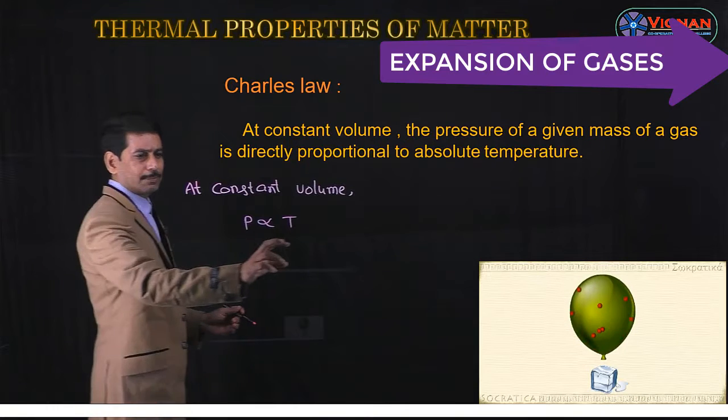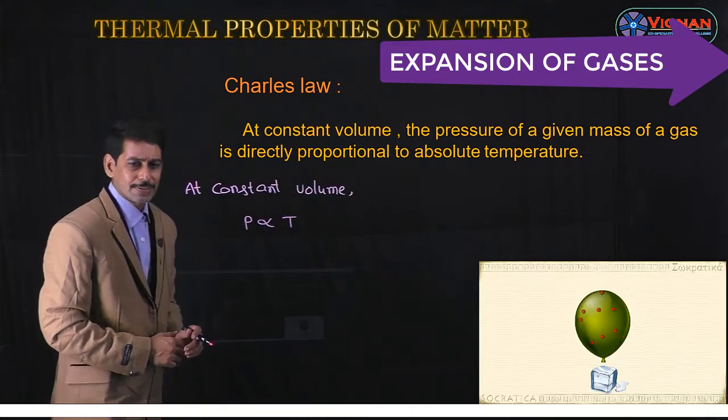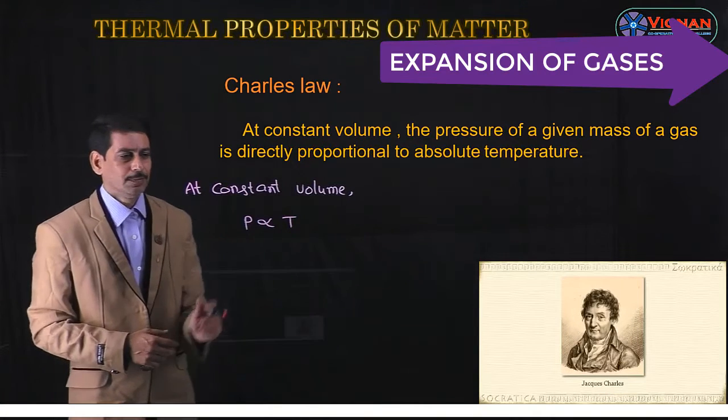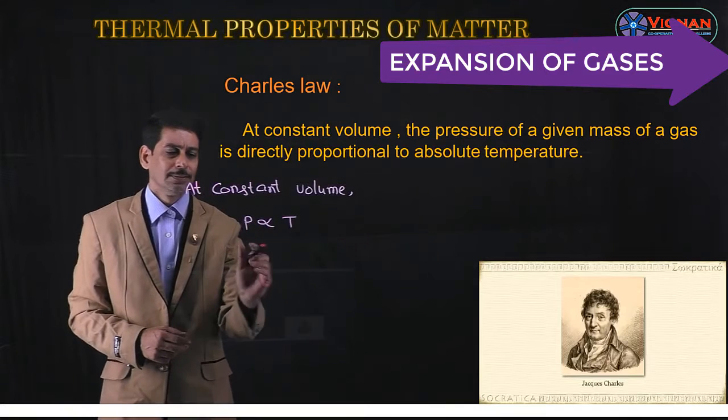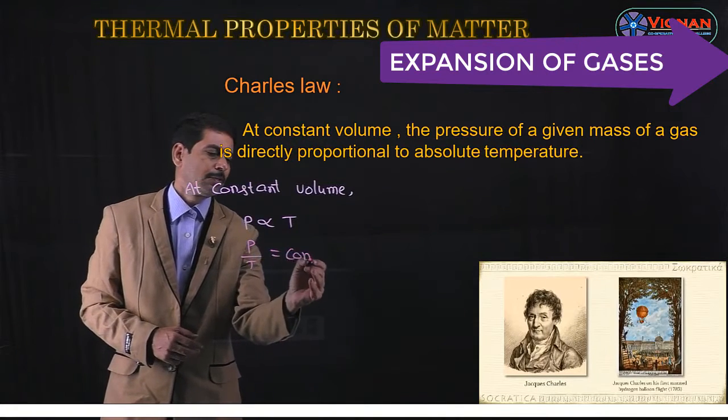And here also the temperature should be taken in Kelvin scale. If the temperature is given in degree centigrade, we have to convert it into degree Kelvin. So P is proportional to capital T, and we can write this as P by T is equal to constant.